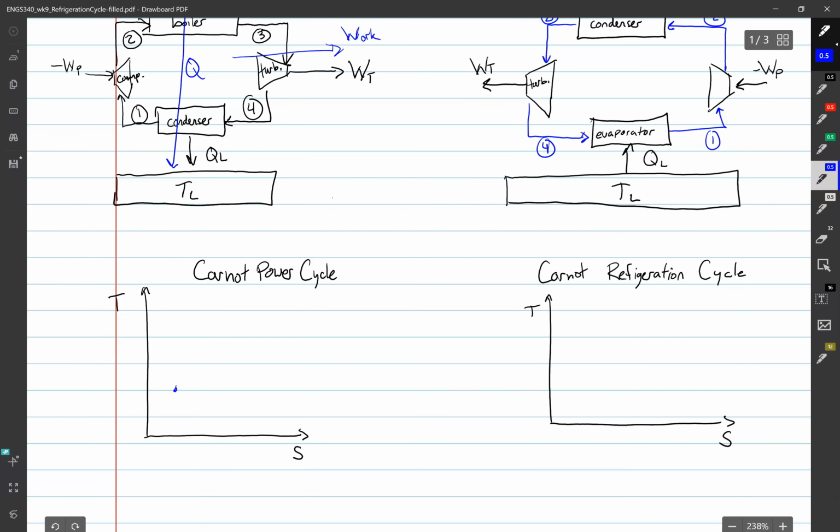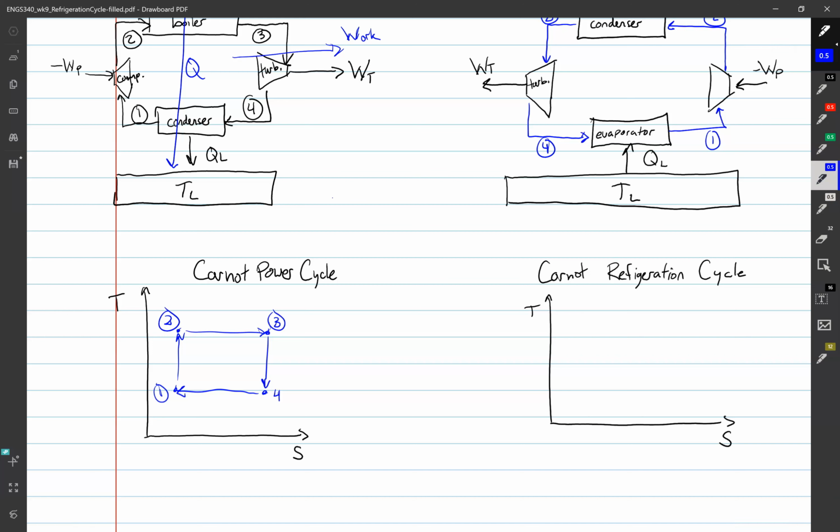And right, what we know about Carnot on a TS diagram is it looks like a box. Not a very straight line. Here at 3, down there at 4, and back over to 1. So Carnot looks like a box.